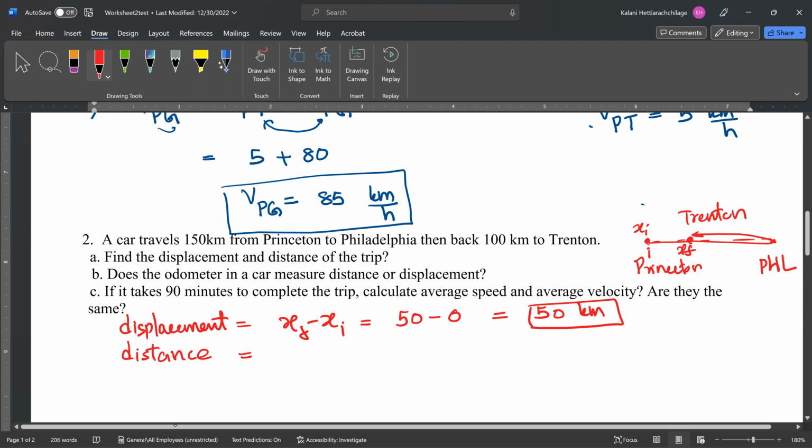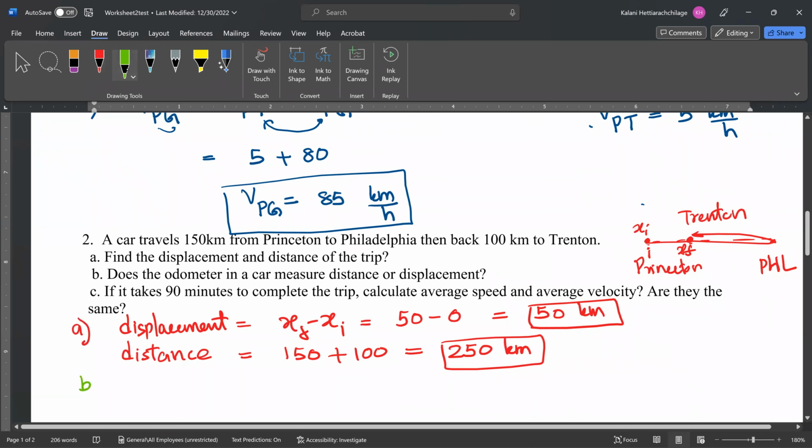That means you have the total distance. Your odometer will give you 250. So you have 150 in the forward direction and again coming back 100. Because of that, there are 250 kilometers. See the difference? Okay. That is part A.